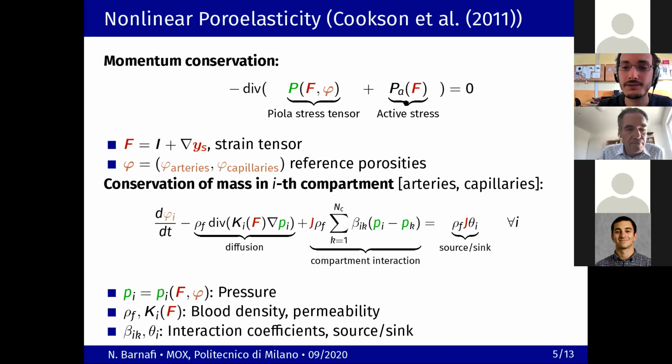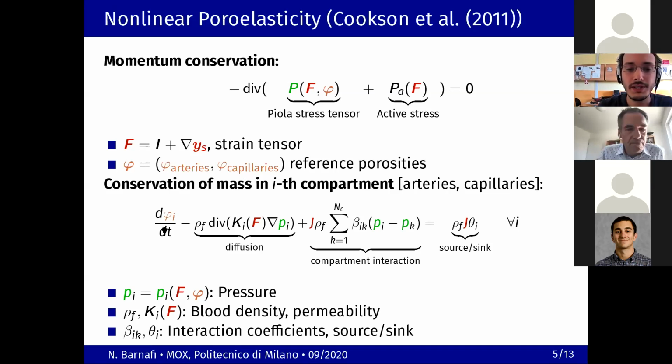Of course, the active stress can consider ionic models, but at this level, it's not important. The important thing here instead is that the Piola stress tensor depends on the capillaries.